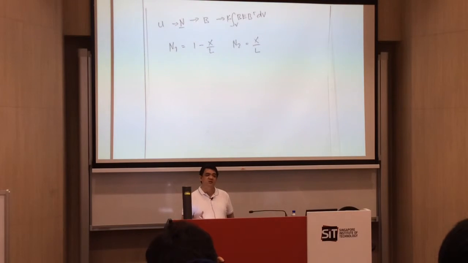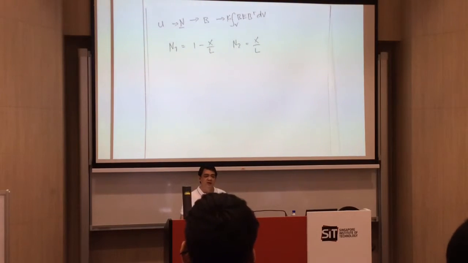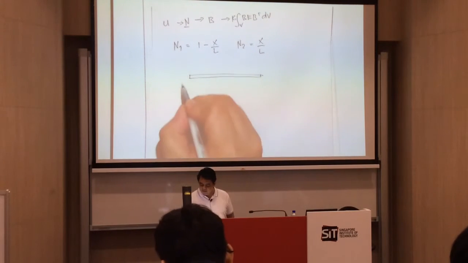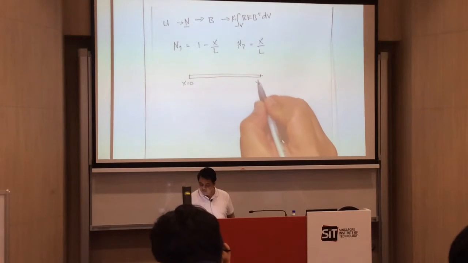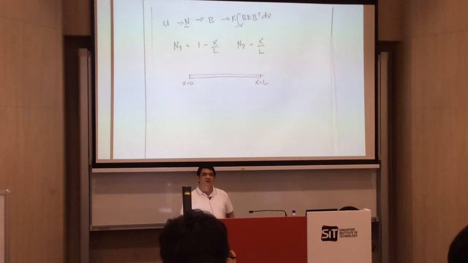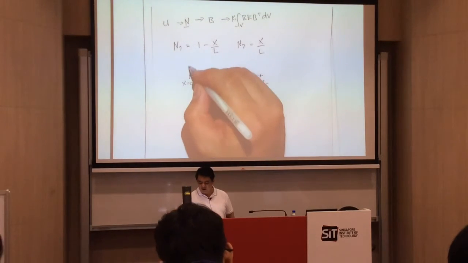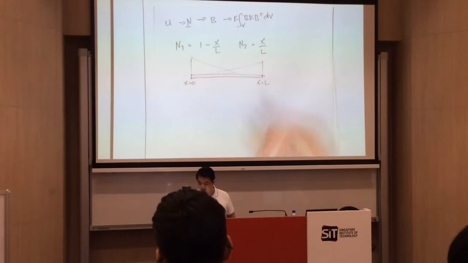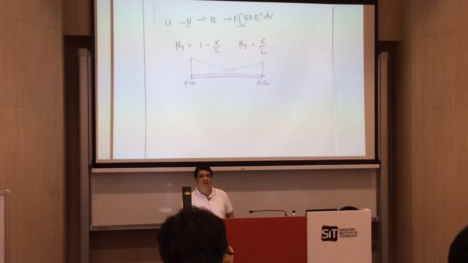So let's try to test whether we really got it right. You know that the definition of a shape function is that it will be 1 at the node of interest, yes? And 0 at other nodes.